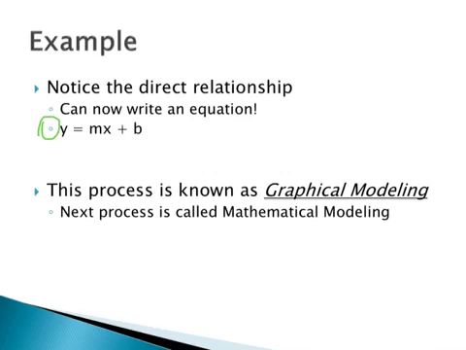And that's the next process of mathematical modeling. Once we go through this process that we just showed, called graphical modeling, we're going to get an equation, then we can use that equation and plug in random values of anything we want, and it's going to give us something that we want to know or want to find out. Okay, so the process we talked about in this lesson is called graphical modeling, and this leads into the next step of mathematical modeling.